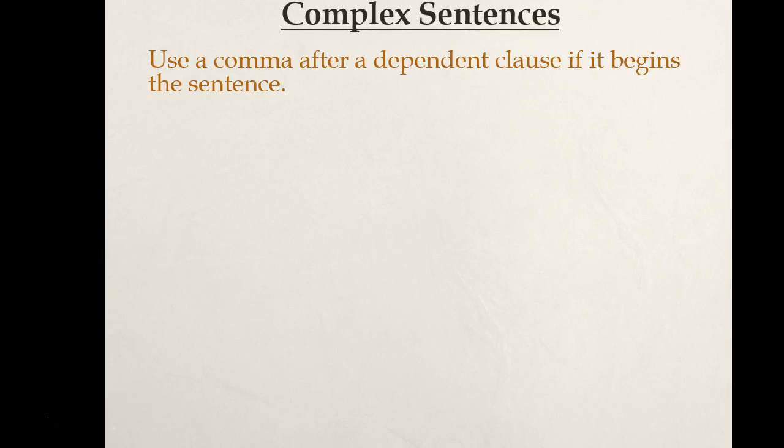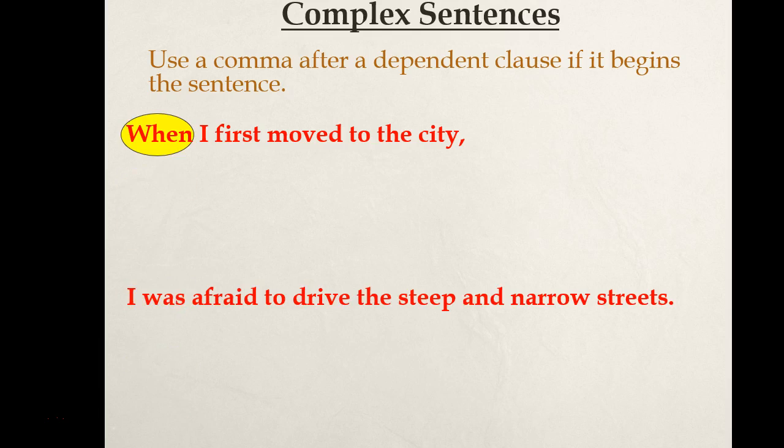Now, in a complex sentence, we can put the dependent clause at the beginning or the end of the sentence. If it comes in the beginning, you follow it with a comma. So here we see the dependent clause is in the beginning of the sentence.